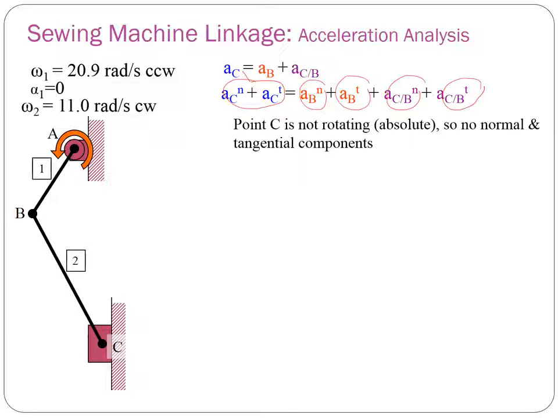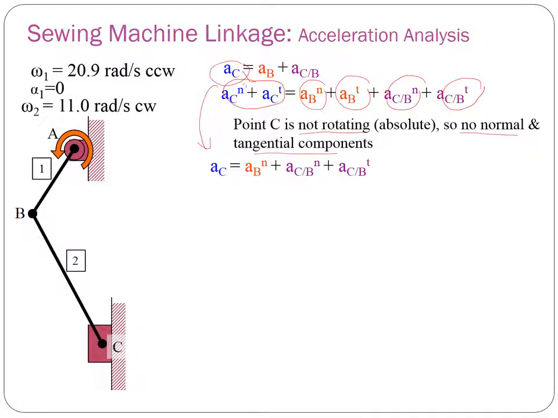In this case, the point C is not rotating at all. It's not rotating, so no normal and tangential components. It's only a single value. So we do not have this ACN or ACT. So that means we just take this whole value here.